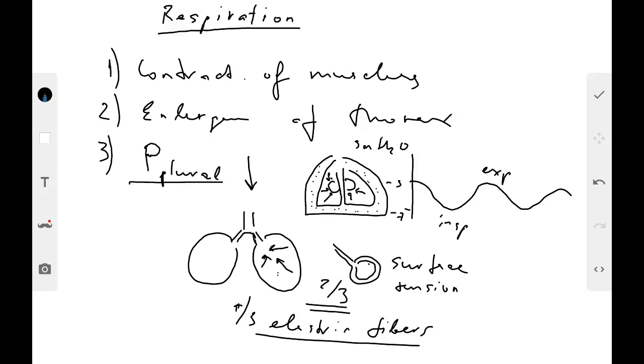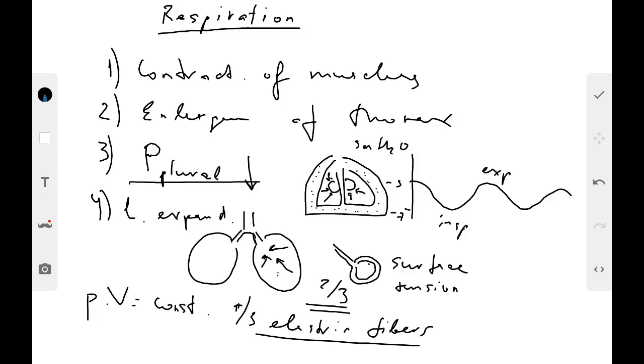So let's go back. The pressure in the pleural cavity decreases, and the lungs expand. P multiplied by V is constant.